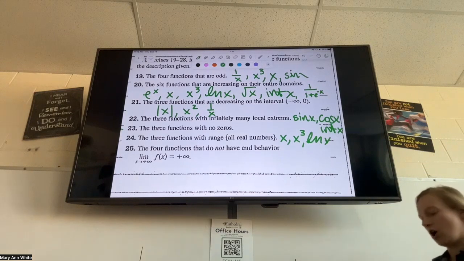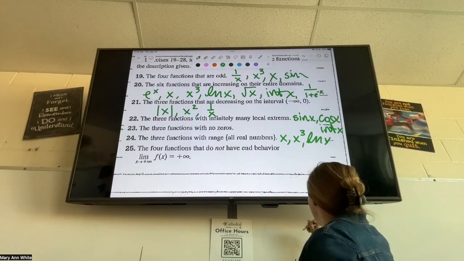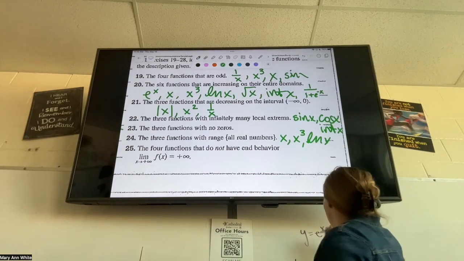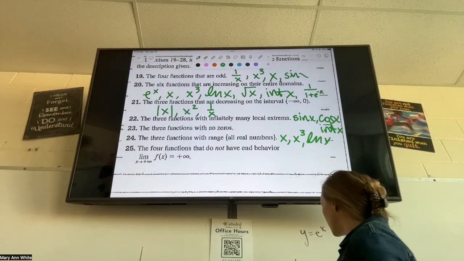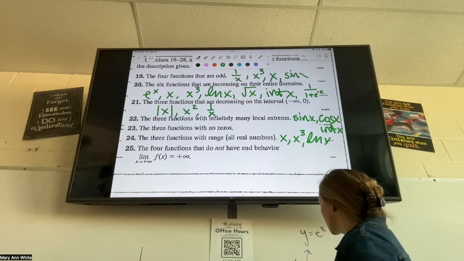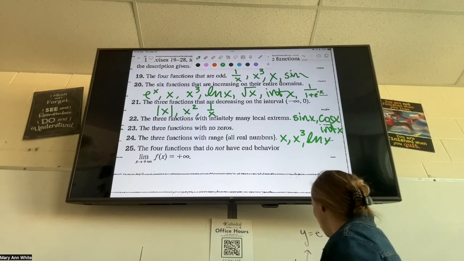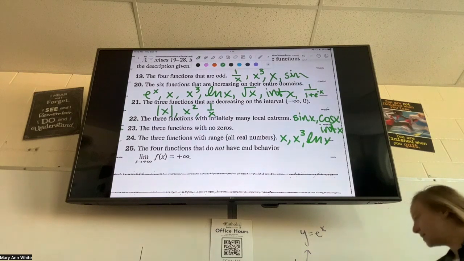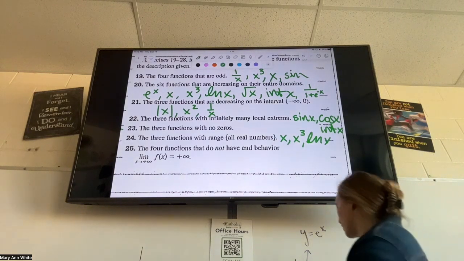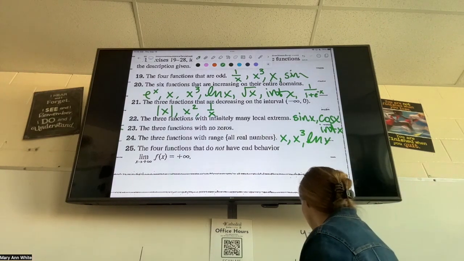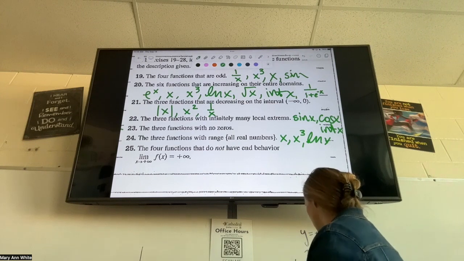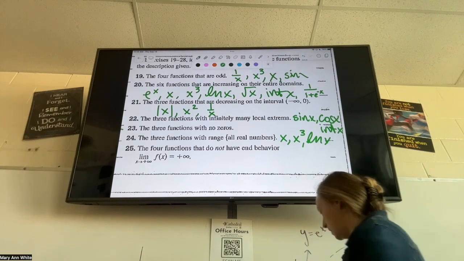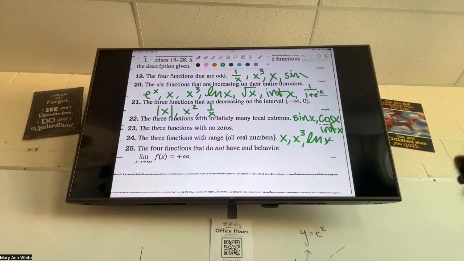So chapter 3 is all exponential and logarithm. My exponential function has that horizontal asymptote and goes through the point 0, 1. I always think about exponential and logarithmic as friends. They always go together places, and they're always related to each other because they are inverse functions of each other.